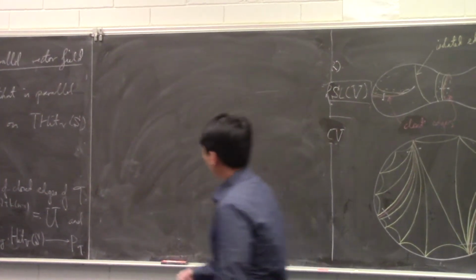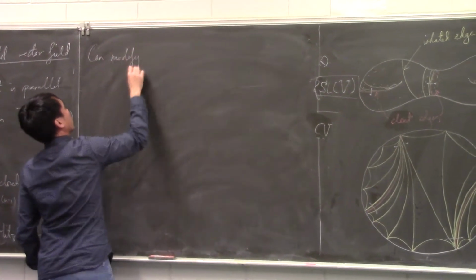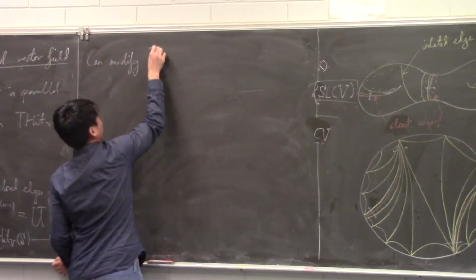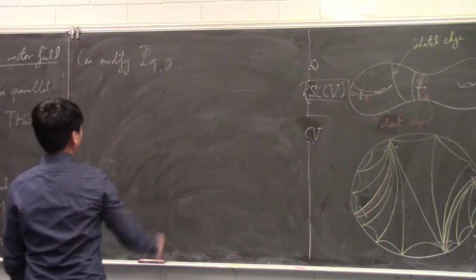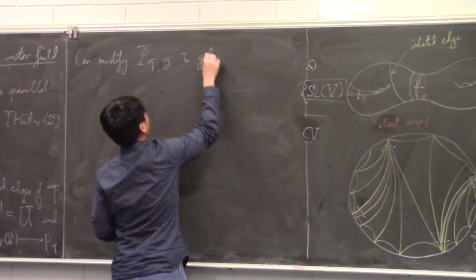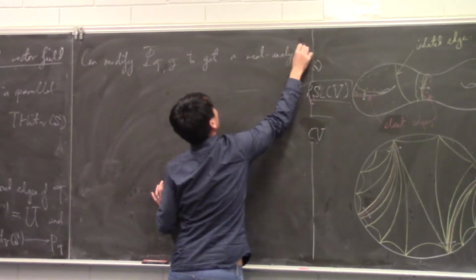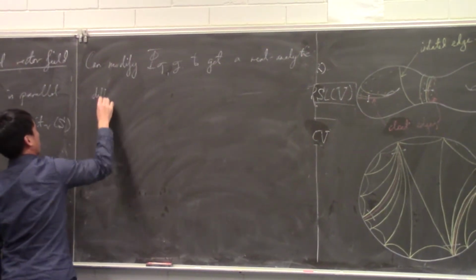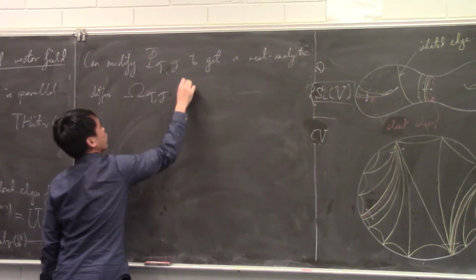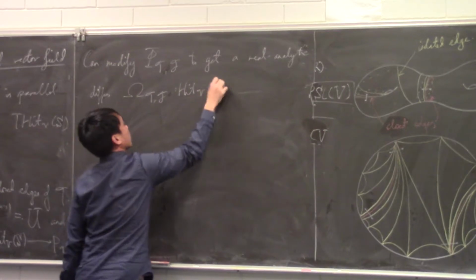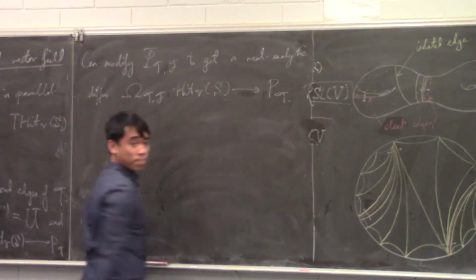So using this, you can modify this parameterization phi Tj to get another real analytic diffeomorphism, omega Tj, from the Hitchin component to the same convex polytope.